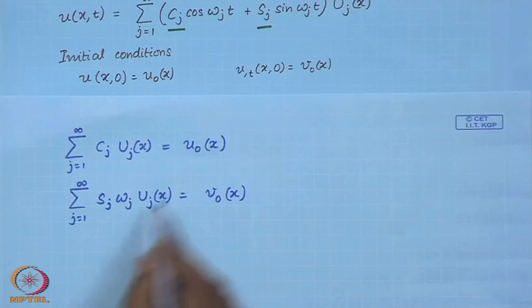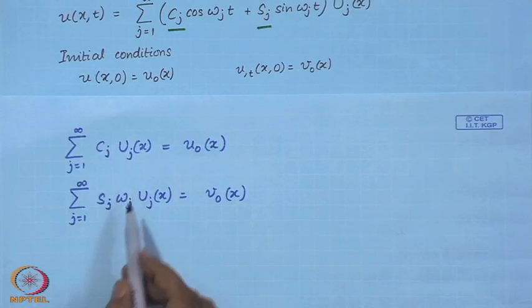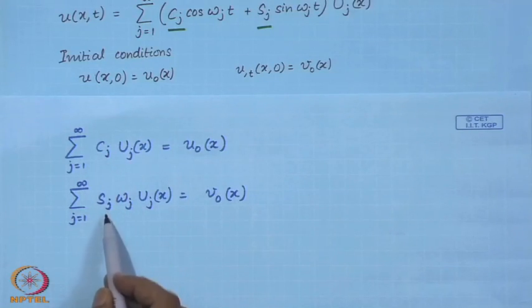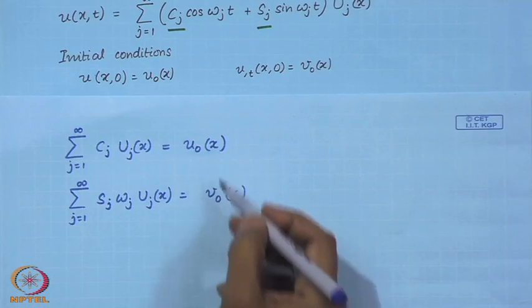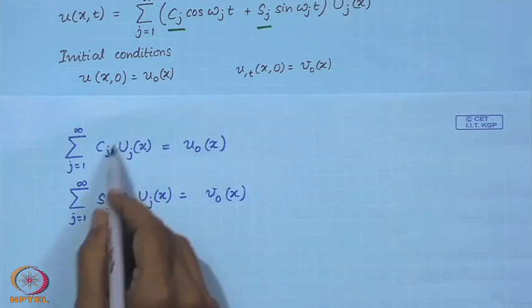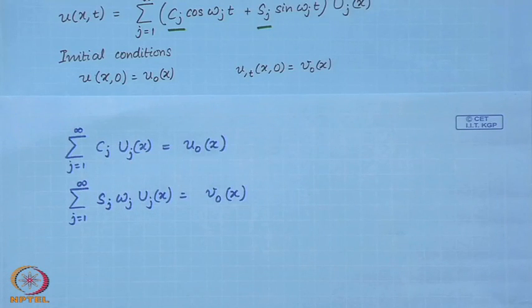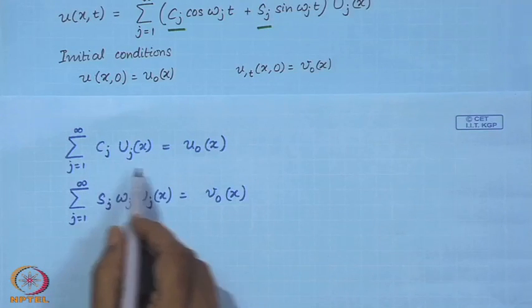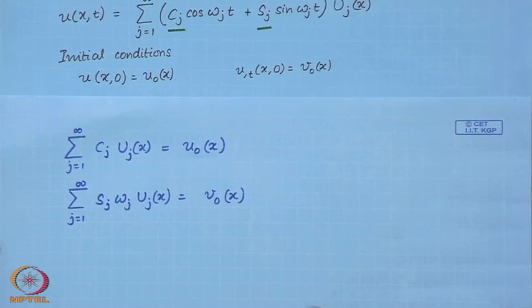So, we have to solve for the coefficients. So, there are infinitely many coefficients for C j and similarly infinite coefficients for S j, and we have these two equations. But then remember that these eigenfunctions, they are orthogonal. So, we can use once again the inner product.